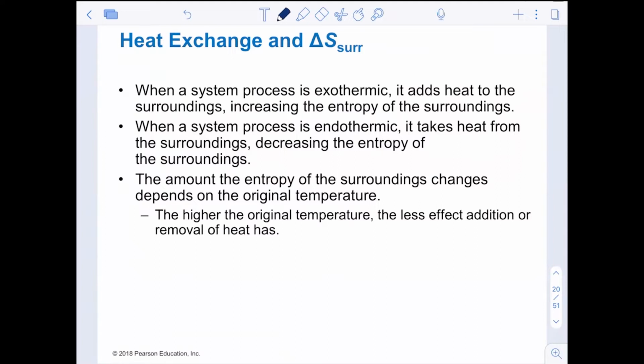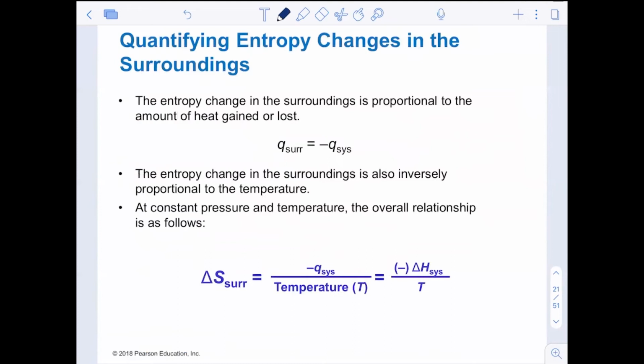The amount of entropy change of the surroundings is going to depend on the original temperature. The higher the original temperature, the less effect addition or removal of heat has, right? So there is going to be a cap on how much the entropy can change. The entropy change in the surroundings is going to be proportional to the amount of heat gained or lost. The heat from the system is the same magnitude but opposite sign as the surroundings.